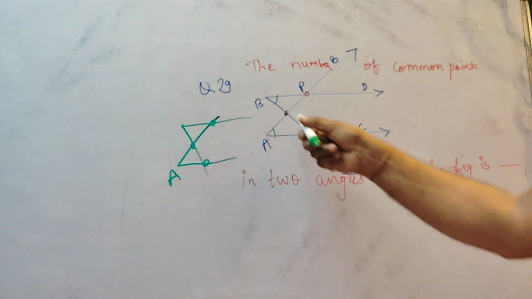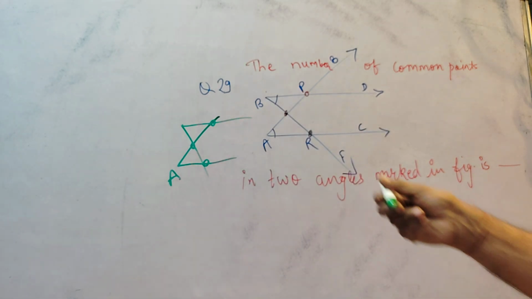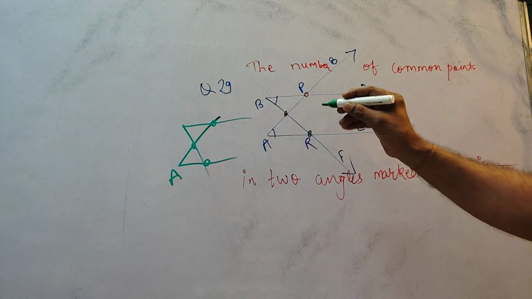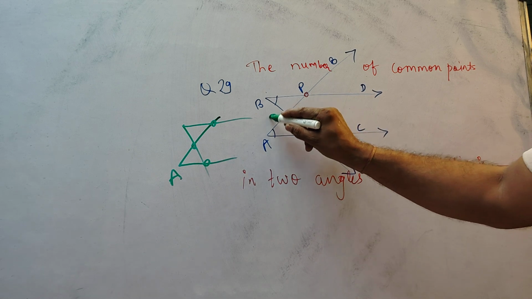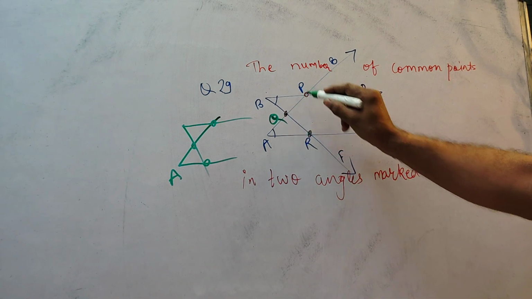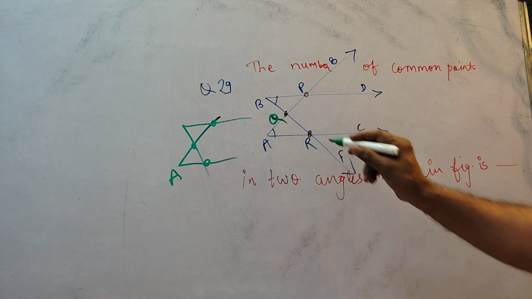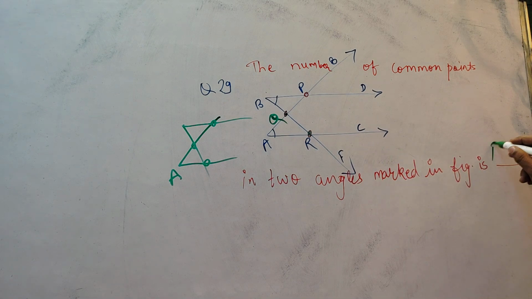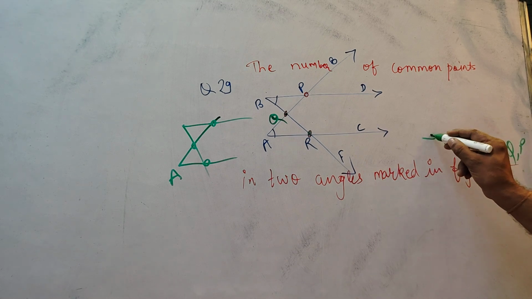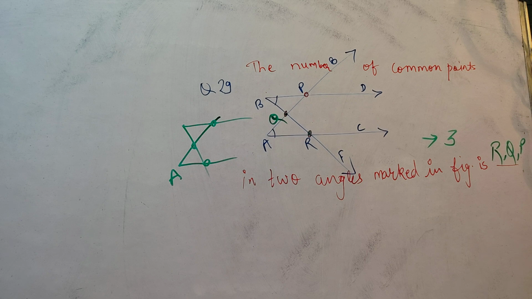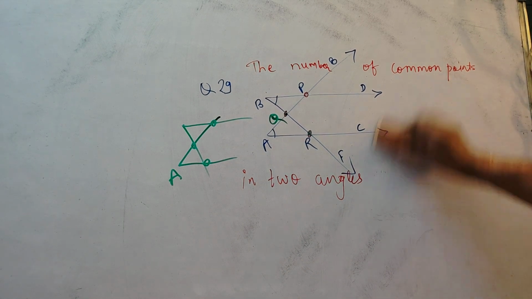These are Q, P and R. So the answer is 3. That's why the number of common points is asked. So 3 points are common.